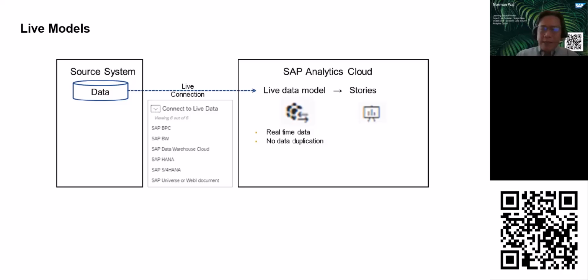So SAC supports the hybrid scenario where we have native cloud solutions, okay, in the cloud, and we have on-premise, and we create stories that access data, whether it's in the cloud or on-premise. Okay.